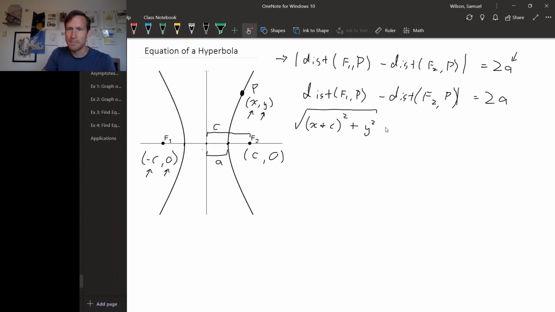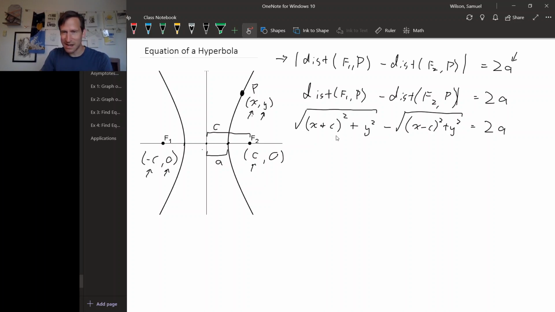Okay, minus the distance from F2 to P, so that's the square root of x minus c squared plus y squared. Okay, and that's 2a.